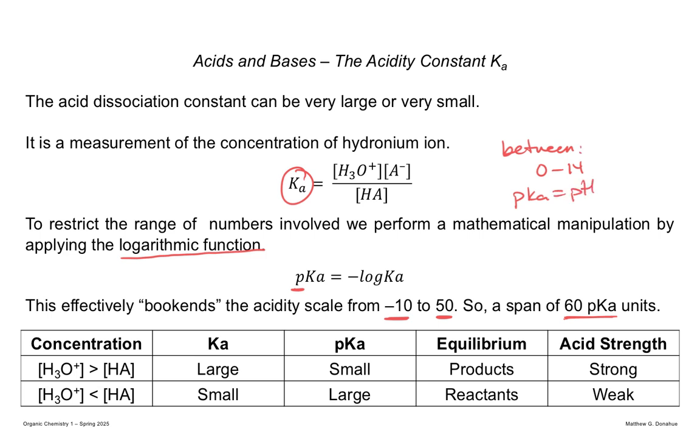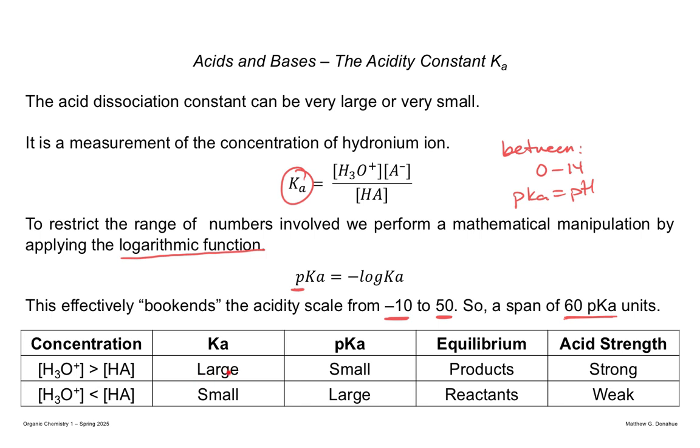One thing to note between that scale from negative 10 to 50: from 0 to 14, pKa equals pH. The column that was added, notice the flip here.